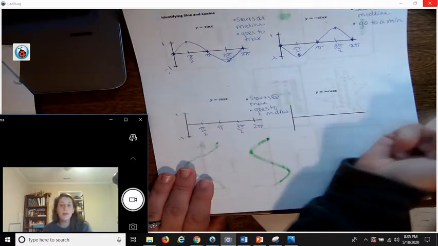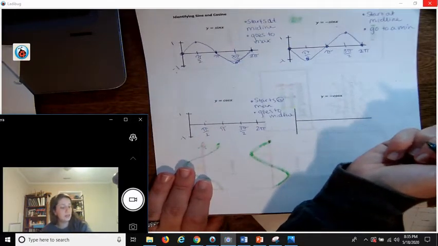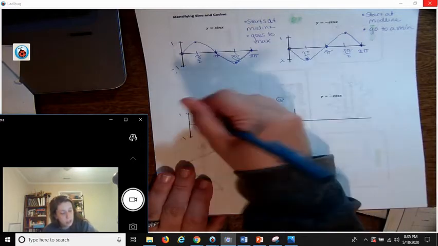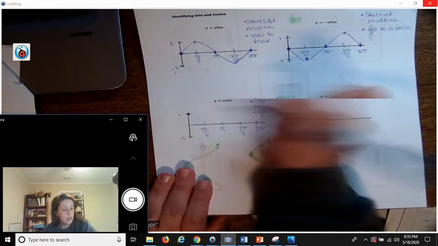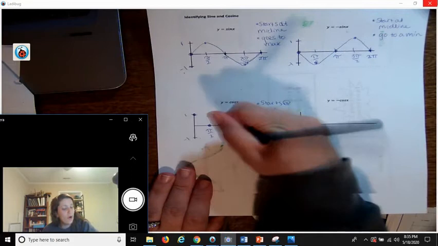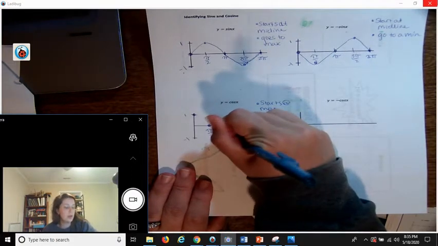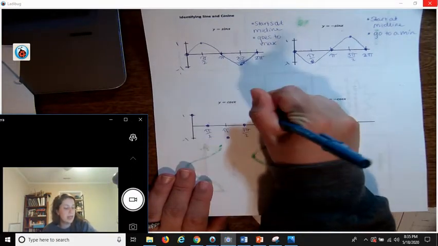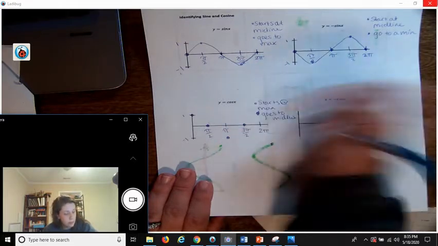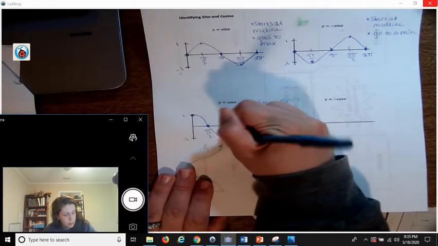Okay, and then let's see. So it starts at a max. So it's going to start up here at 1, go back down to our midline, get all the way back down to our minimum, go back up to our midline, and then end at our maximum. So it's going to do something like this.